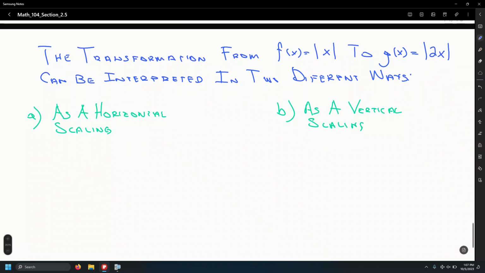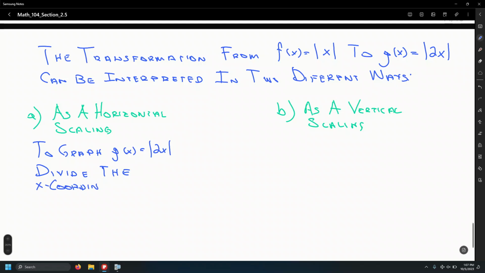So to graph g of x equals the absolute value of 2x, as a horizontal scaling, we would need to divide the x coordinates of f of x equals the absolute value of x by 2.